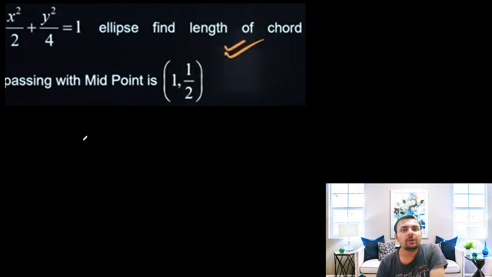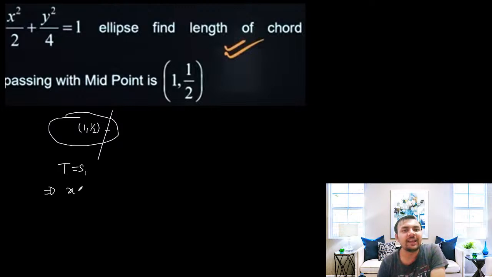Ellipse. We have an ellipse and a chord is there with midpoint given 1 comma 1 by 2. So we simply know that T is equal to S1. So T is nothing but x x1 plus y y1 equal to S1, 1 by 2 plus 1 by 16.